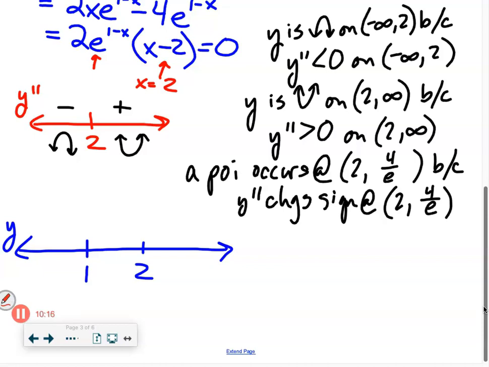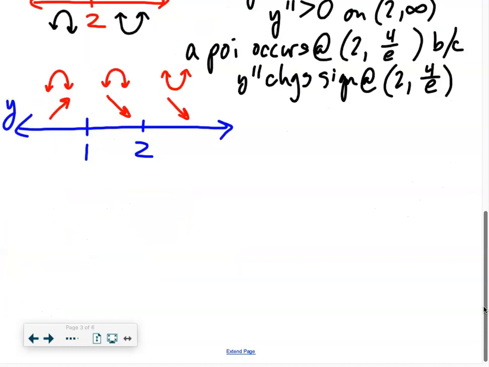I'm not going to put the pluses and minuses, I'm actually going to put the little symbols. So my function was increasing and then decreasing after 1. We were increasing before 1, decreasing after 1. We are concave down until 2. So we're going to transfer the concave down symbols all the way until 2, and then after 2, we were concave up. Now from here, I'm going to show you how to write the shape of the graph. There's a cute little trick, and I'm going to do it down here and then erase it.